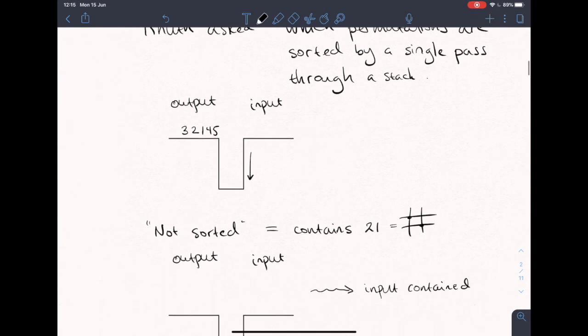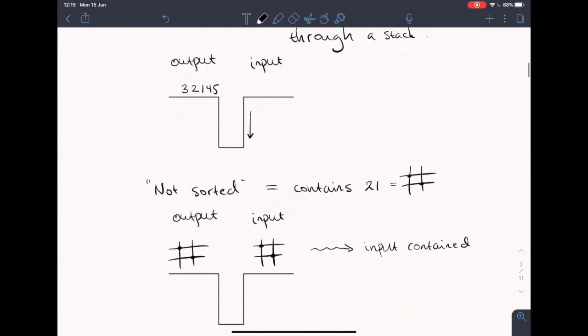And if the output contains 2, 1, the same 2 elements making up an occurrence of this pattern 2, 1 must have also been an occurrence of 2, 1 in the input. And furthermore, there was something that caused the stack to fail to sort these 2 particular elements correctly.